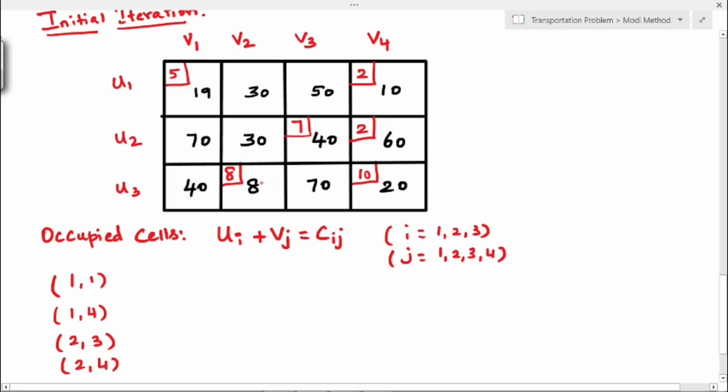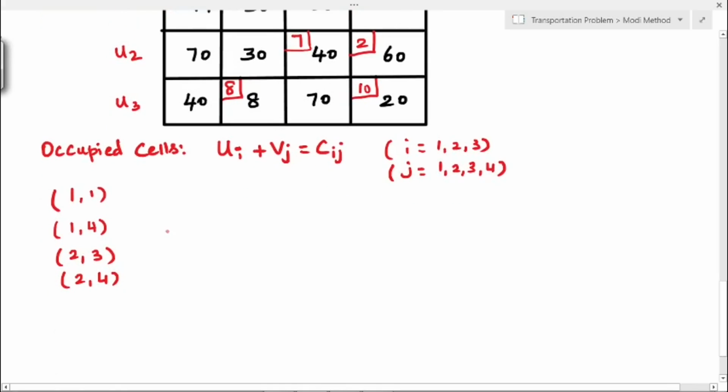Third row, second column and third row, fourth column we have allocations, that is 3,2 and 3,4. So these 6 are the occupied cells. Just substitute, this is i and this is j, in this equation.